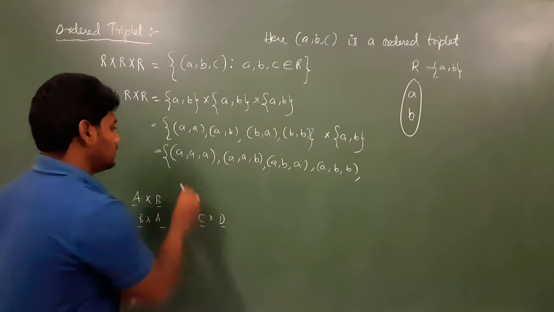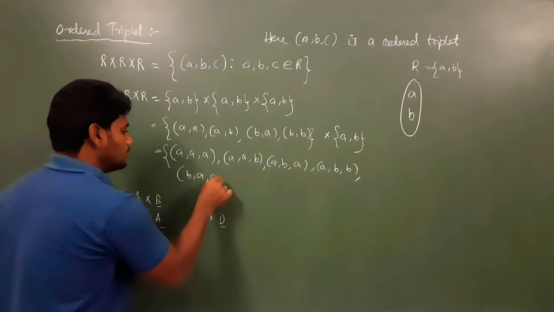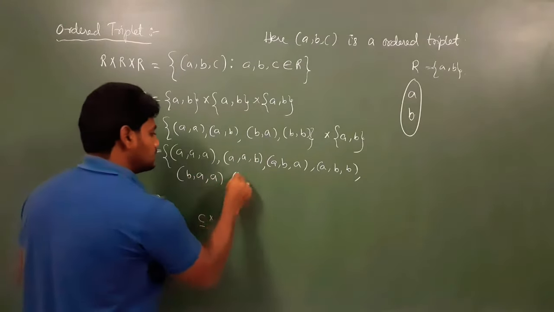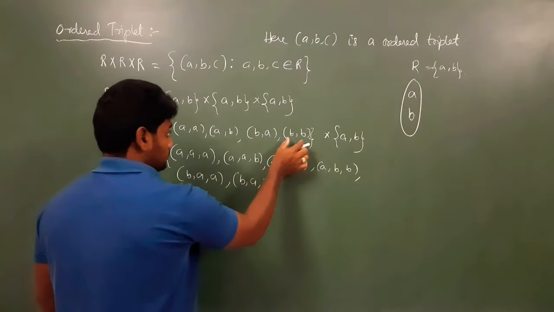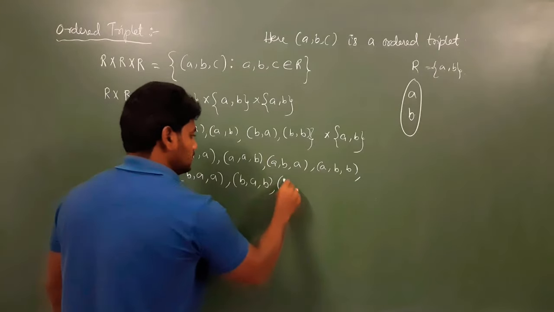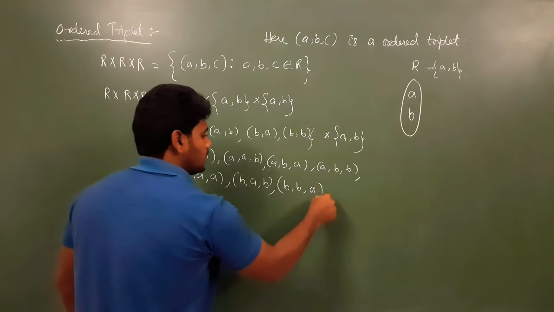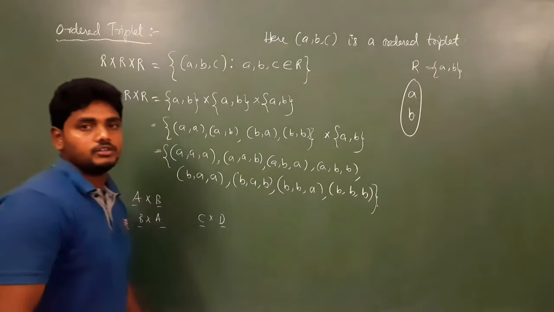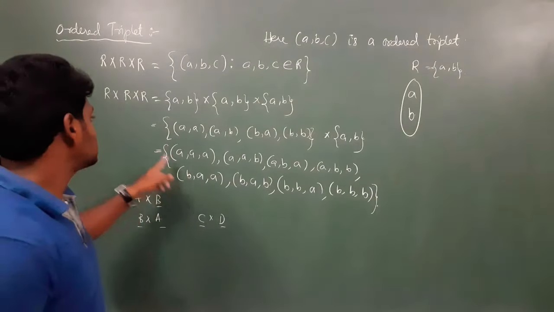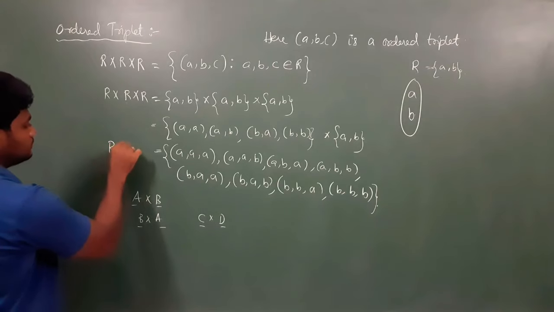Next with (B, A): (B, A, A), next (B, A, B). Next with (B, B): (B, B, A) and (B, B, B). This is it. Now we count how many elements are there in this R cross R cross R.